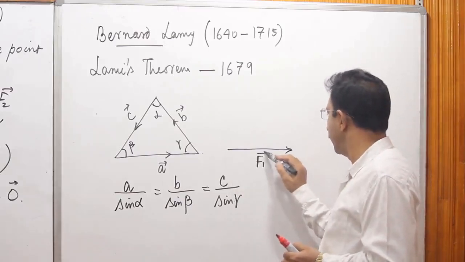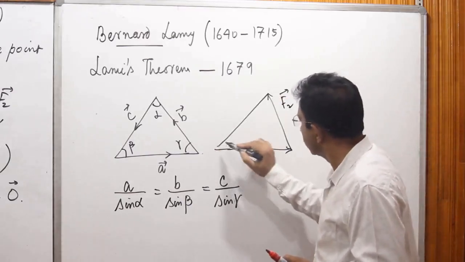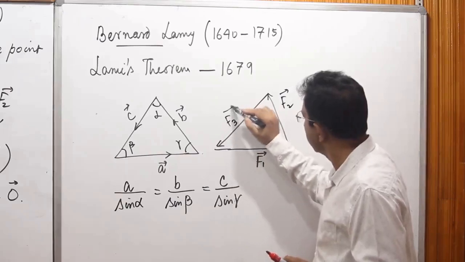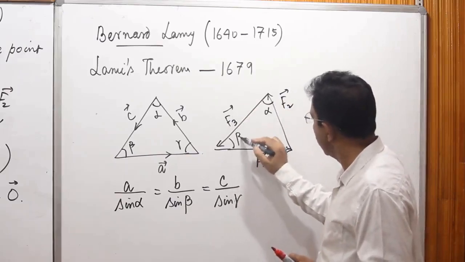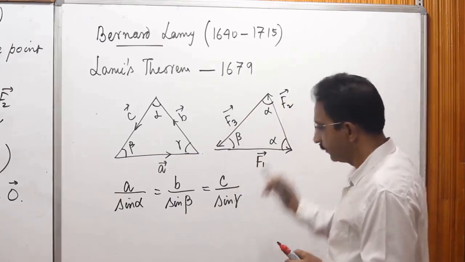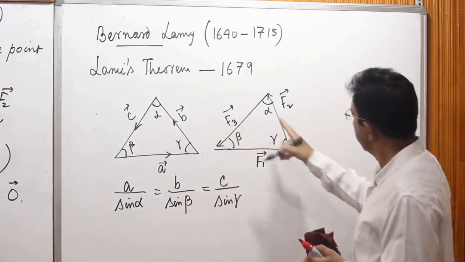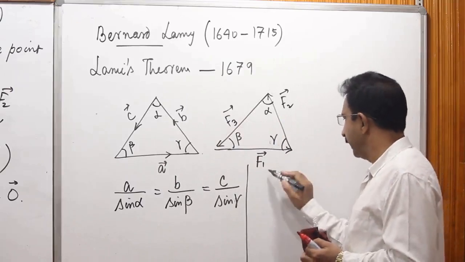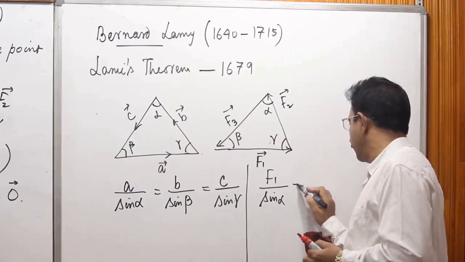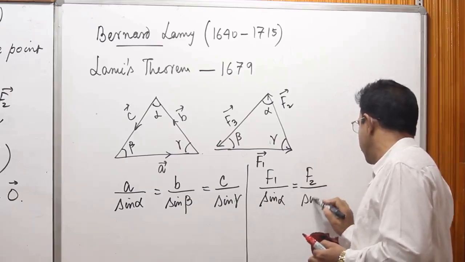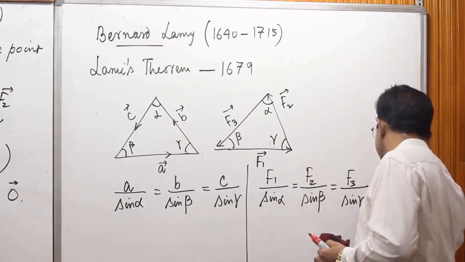If this is a force F1, this is F2, and this is F3, such that this angle is alpha, this angle is beta, and this angle is gamma, then from Lamy's theorem, F1 divided by sine alpha equals F2 divided by sine beta equals F3 divided by sine gamma.